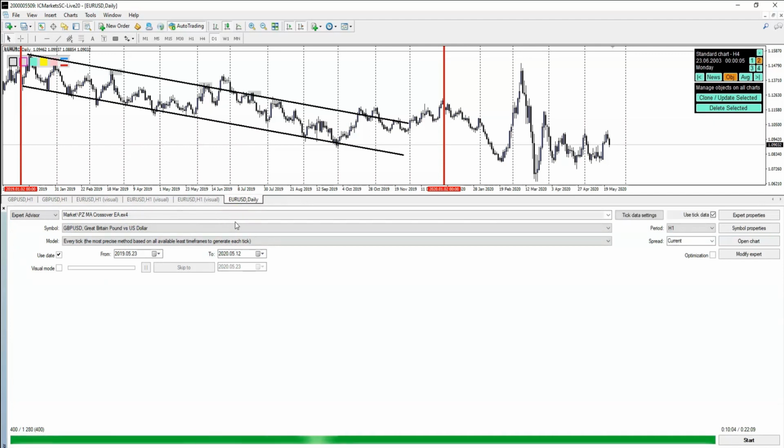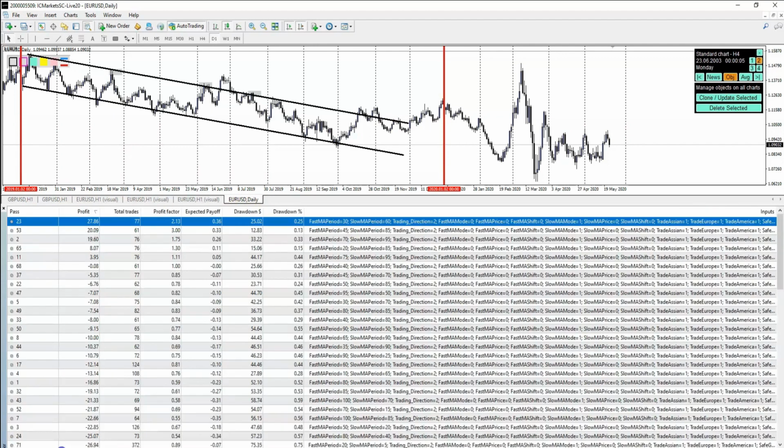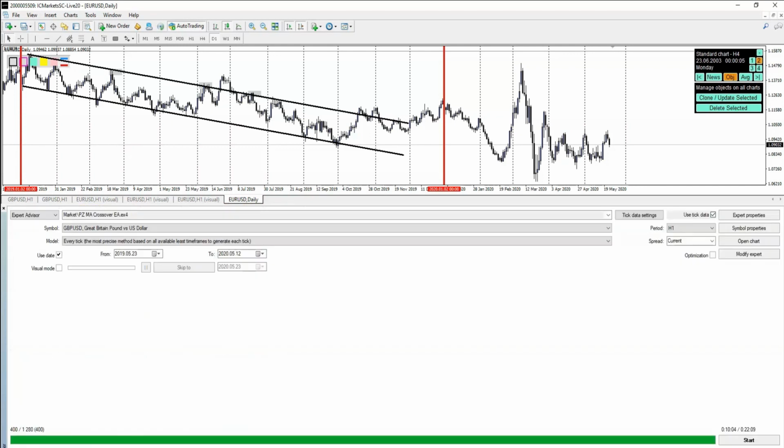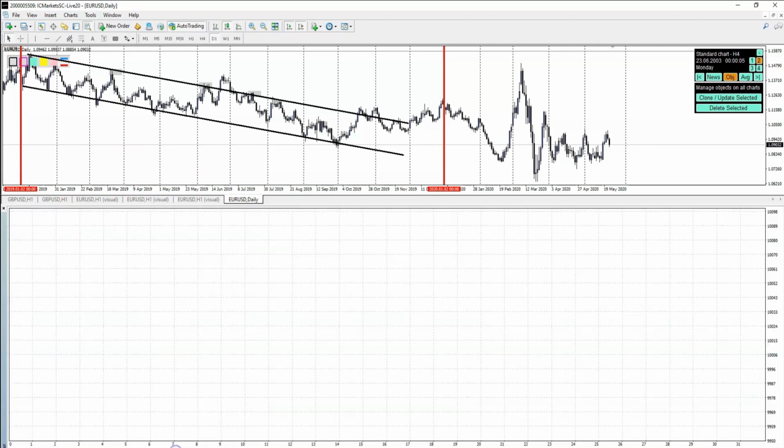I've run 400 optimizations on a moving average cross, and the top one made £27, which is not a lot of money, but let's see how that looks. This is going to be a demonstration of why systems fail, and what you can do to prevent it from failing moving forward. So let me hit the start button and we'll have a look at the graph.